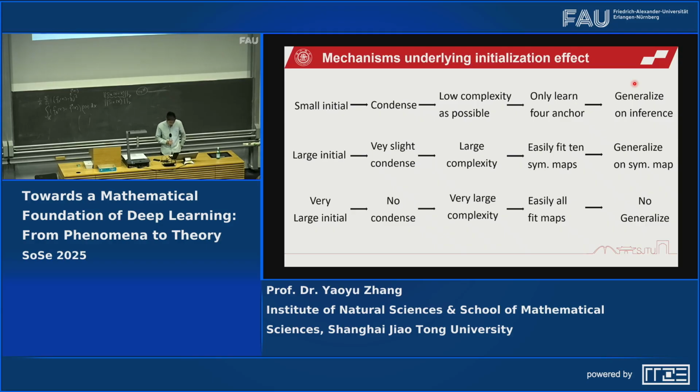That is, with small initialization, you see very strong condensation. So the network tries to explain the data with as low complexity as possible. Therefore, it only learns 4 anchors. That gives it very strong capability. However, with very large initialization, I didn't mention there's a very large initialization, there's no condensation at all.